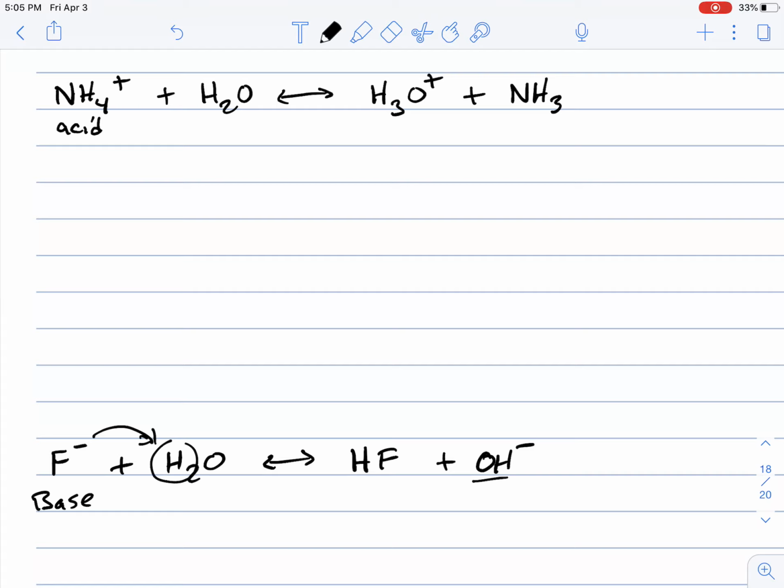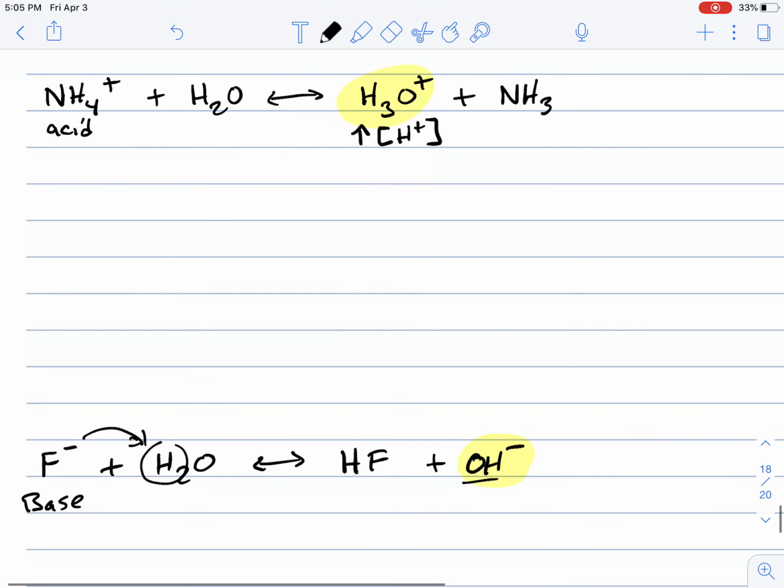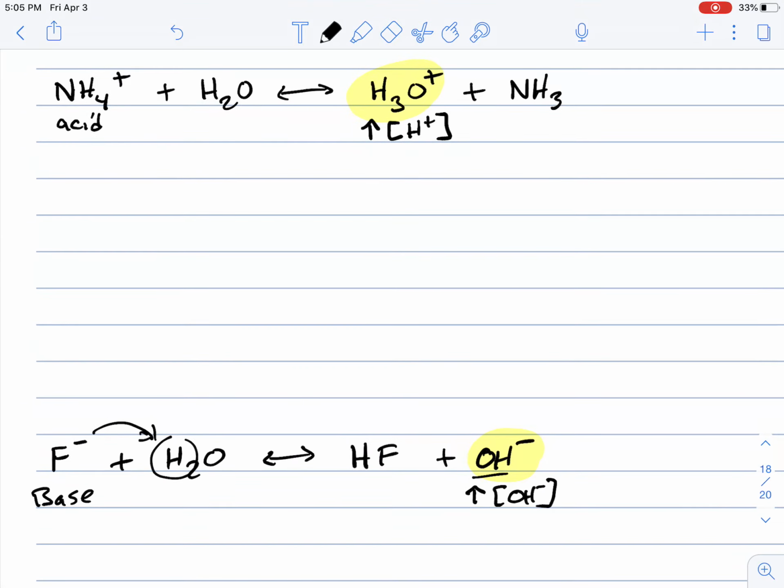All right, cool. And so if you look at our product, notice that we form a hydronium and we form a hydroxide. So this hydronium is going to increase the concentration of H+, and this hydroxide is going to increase the concentration of OH. And so if you remember from the fundamentals for acid base reactions, if you have H plus and OH minus, and if you have equal amounts of it, then they're both going to neutralize to form water.